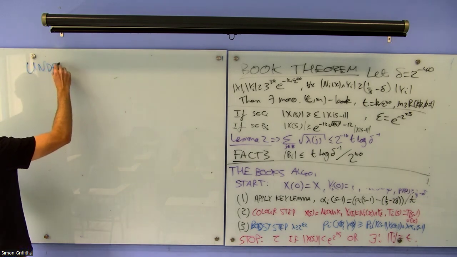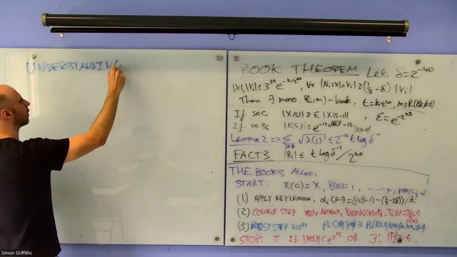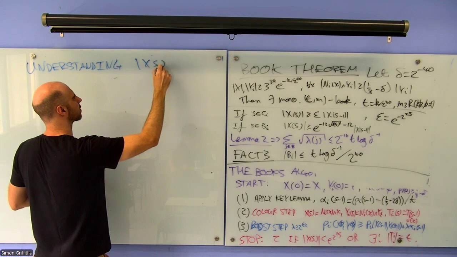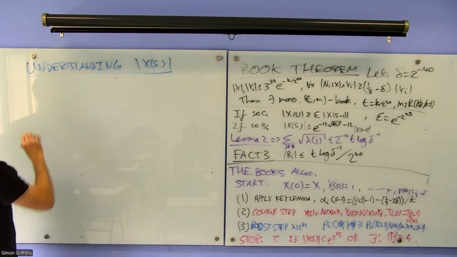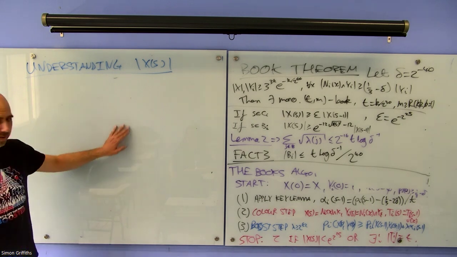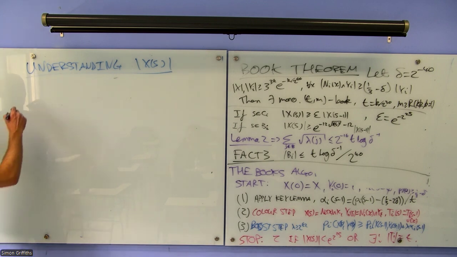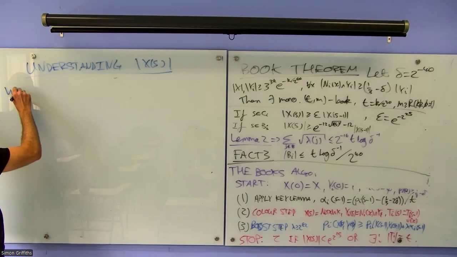Understand X_S, already a lower bound, this guy. So what do we think? What would be a good general lower bound on the situation?